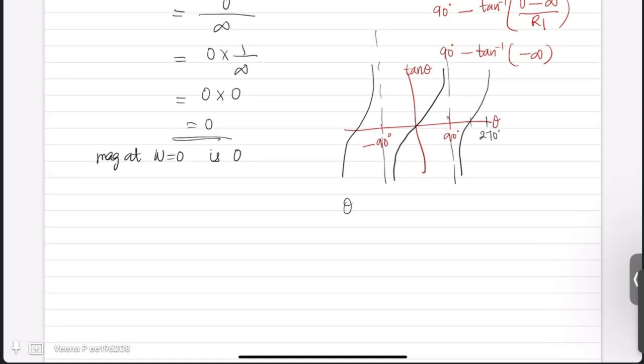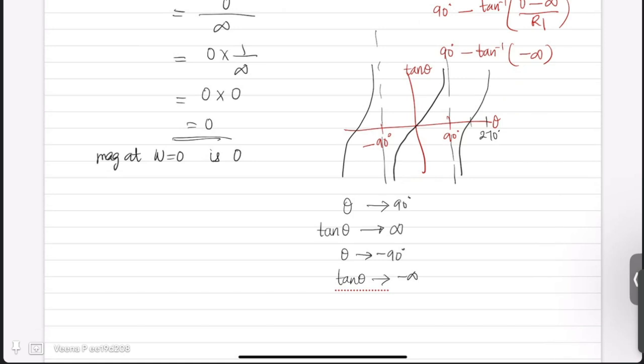That means if theta approaches 90 degree, tan theta approaches infinity. Similarly, if theta approaches minus 90 degree, tan theta approaches minus infinity.